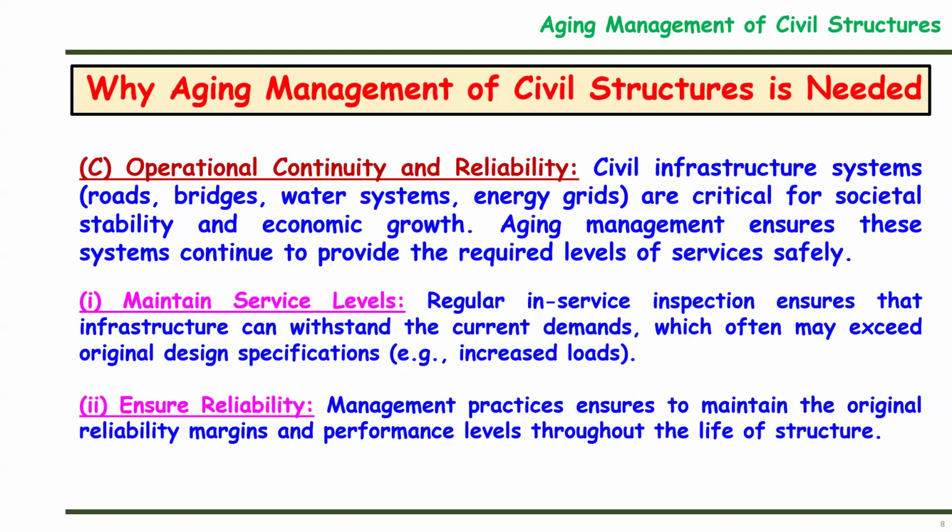For this, we carry out regular in-service inspections, which ensure that the infrastructure can withstand the current demands in terms of current loadings, and these may be much higher than the original design basis loading which went into the original design of the structure. This management practice also ensures that the original reliability margins and performance levels are maintained throughout the service life of the structure.